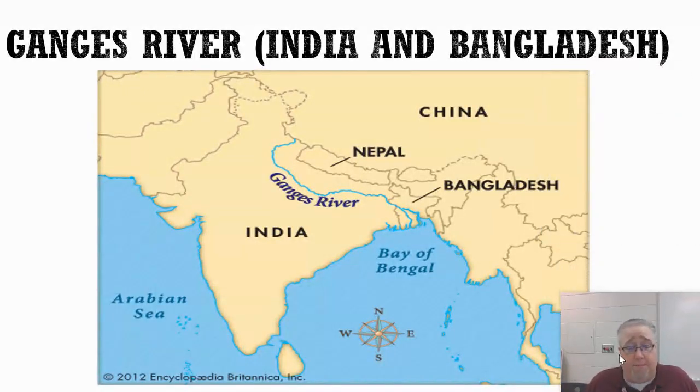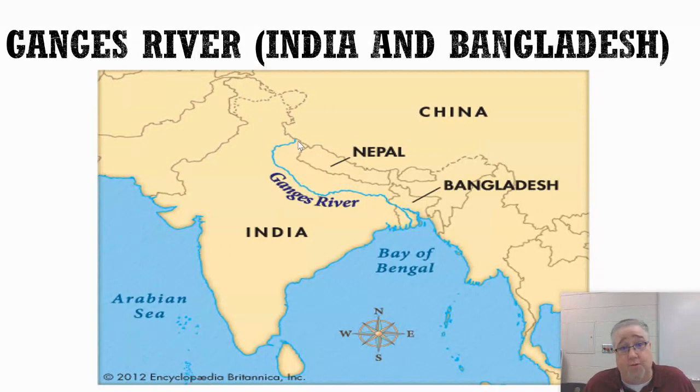Here's another example of water diversion and how it can affect different areas and different regions. This is the Ganges River. I'm not sure if you're familiar with it or not. Maybe you've heard of it before. But the Ganges River travels through two different countries.